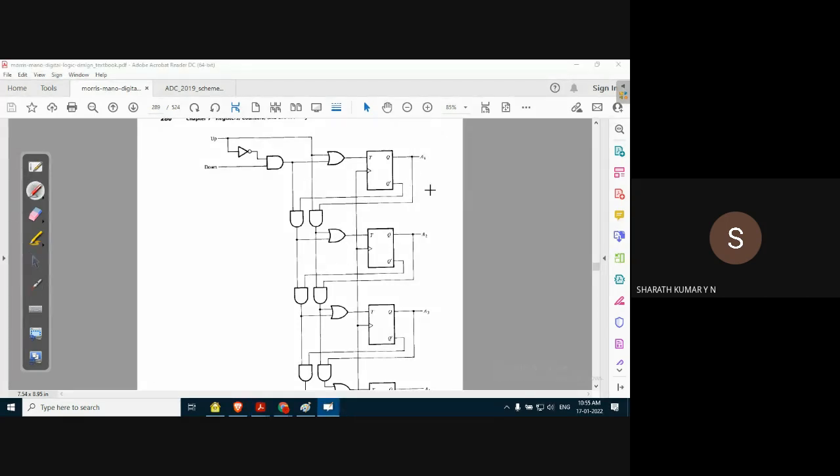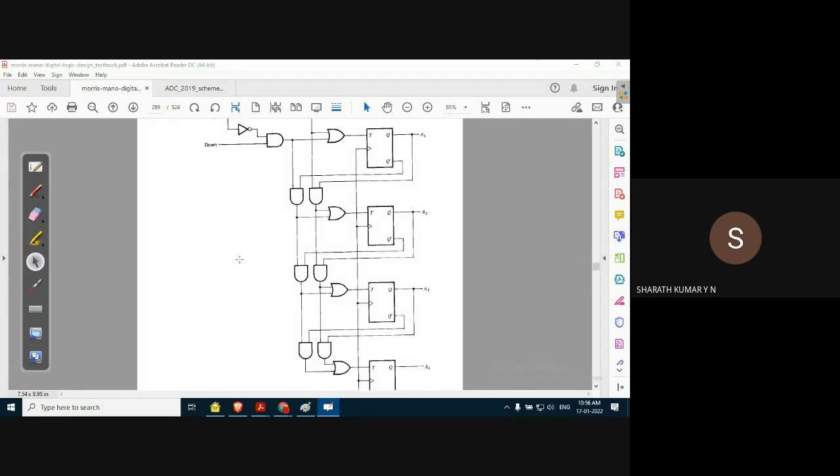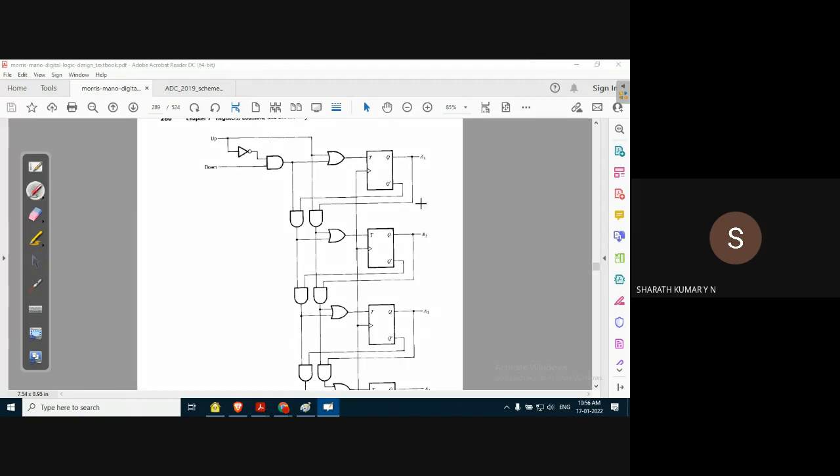So for Q2, the inputs are... this considers the up and down counter also. We need to discuss the up and down counter also. Otherwise, for the first stage, the T input is 1.